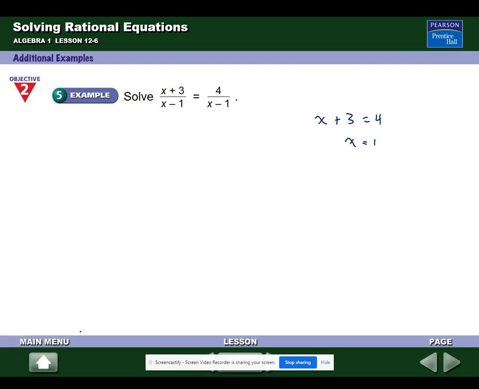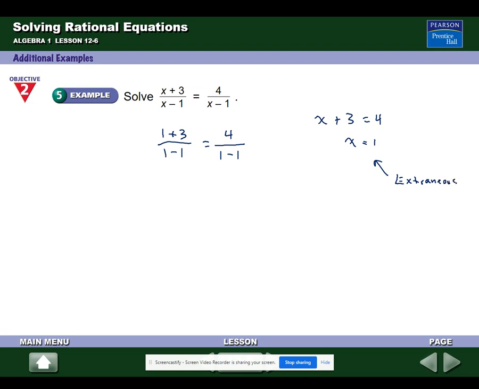That would be 1 plus 3 over 1 minus 1. Do you see the problem? 4 over 1 minus 1. 1 is not going to be a solution here because it's causing the denominator to be 0. This is what we would call an extraneous solution. So what we thought was a solution is actually extraneous.